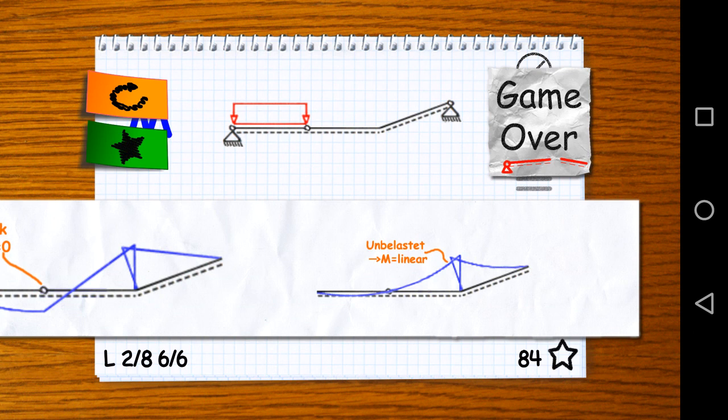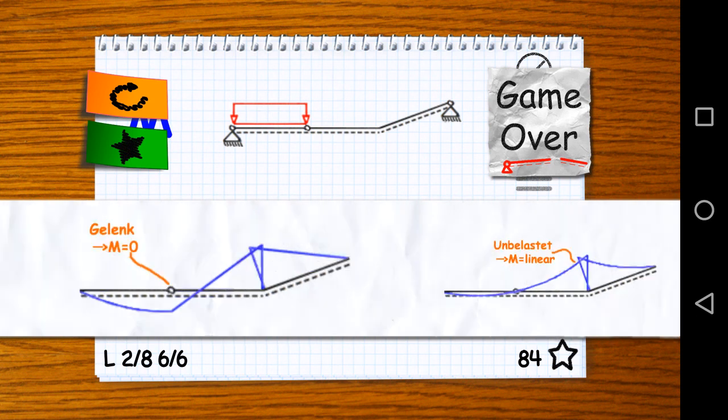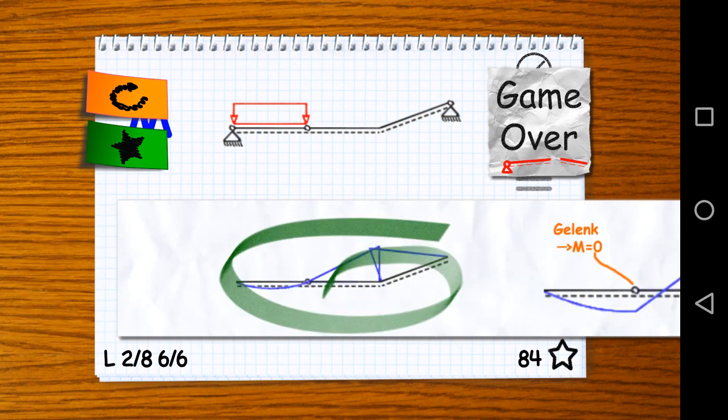That's the reason why I didn't pick it, because the moment distribution here is quadratic. At least you have a parabolic form. But if you look at the system over there, on the right side we don't have any loading, we don't have any distributed load, so the moment should be linear. That's why we don't take that right one, and that's why the left one here was correct. I just didn't have enough time to press it. When I pressed it, the time was over already.